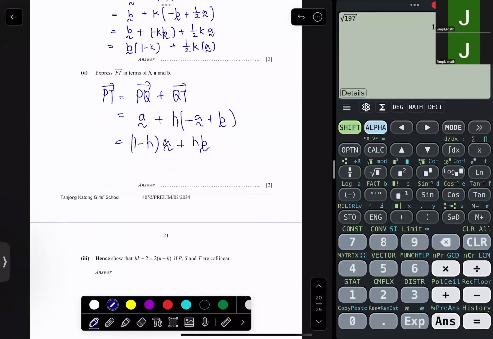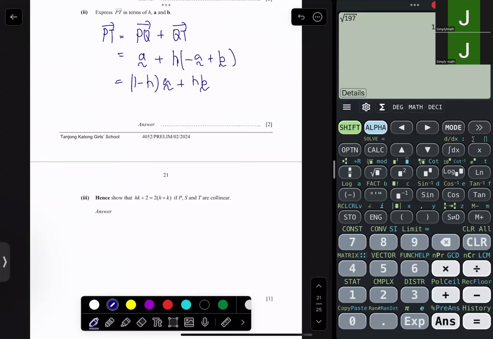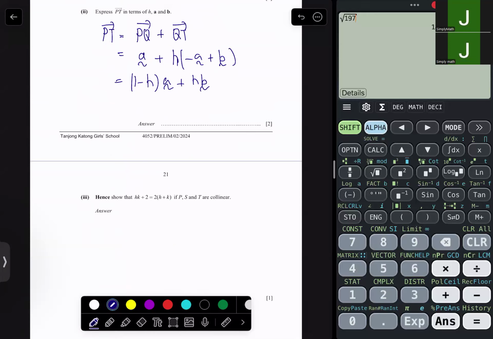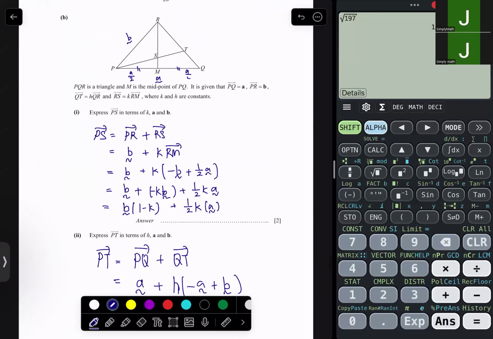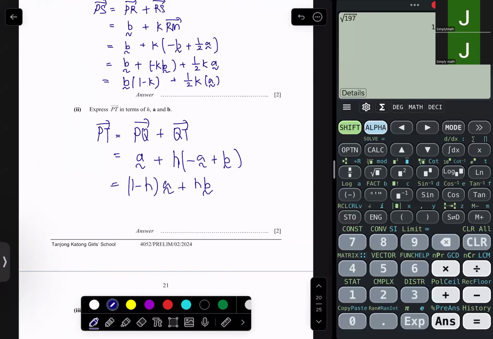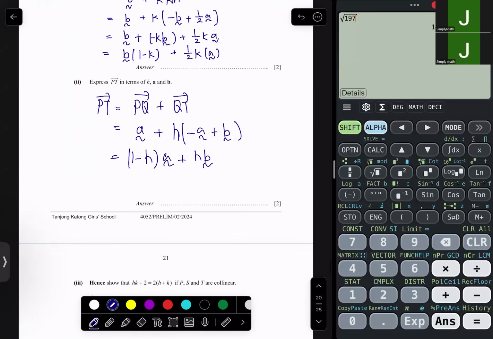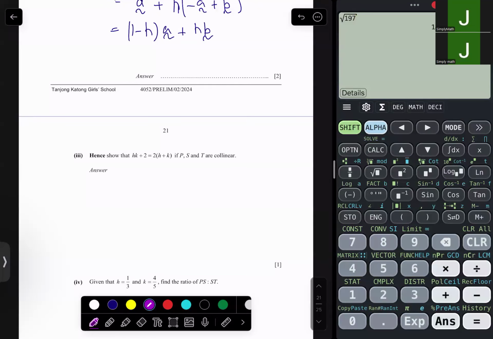Hence, show that HK plus 2 equals to 2 bracket H plus K. Okay, let me analyze the question a little bit. PS, let's write that down, so I don't need to keep scrolling.